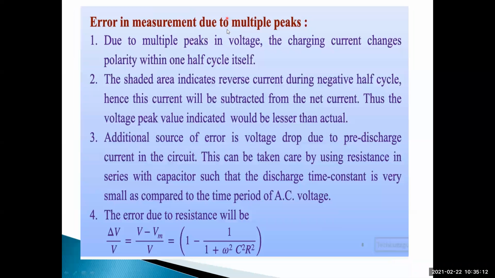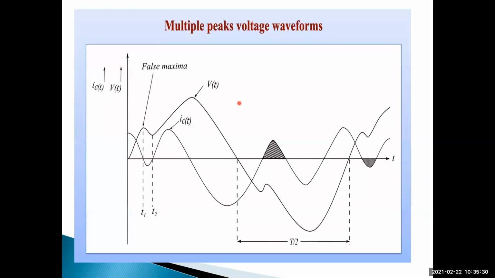Next, errors in measurement due to multiple peaks. Due to multiple peaks in the voltage, the charging current changes polarity within the half cycle itself. Understood? Actually, this is the negative half cycle polarity, but because of multiple peaks, this polarity changes to positive.